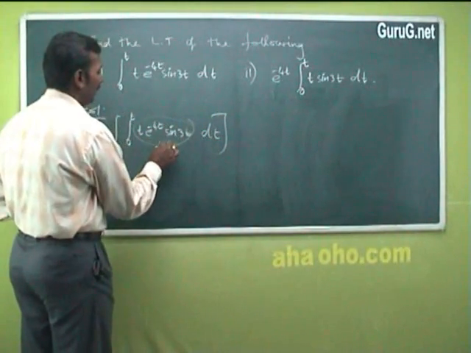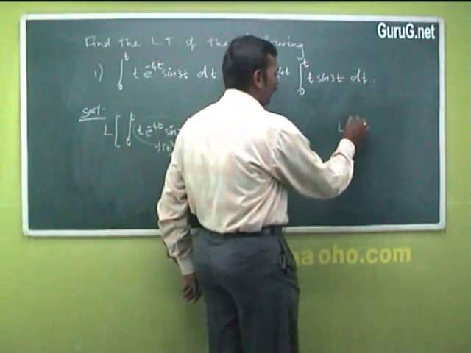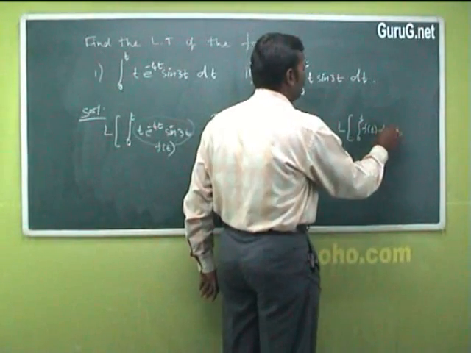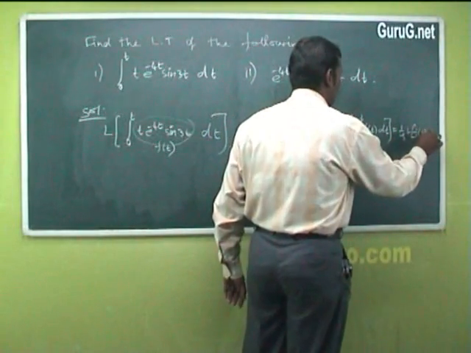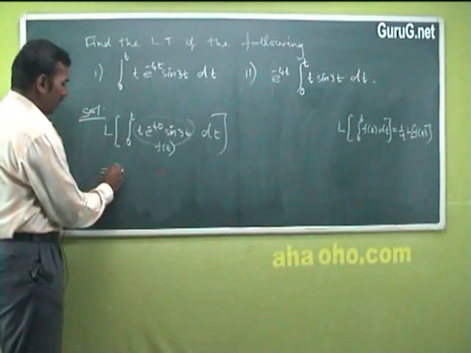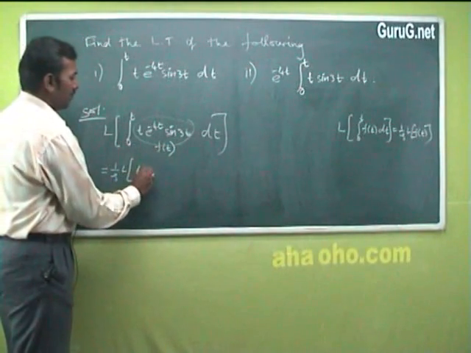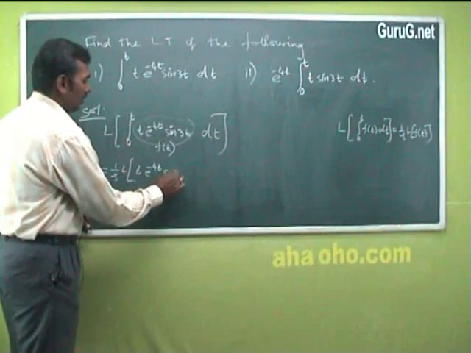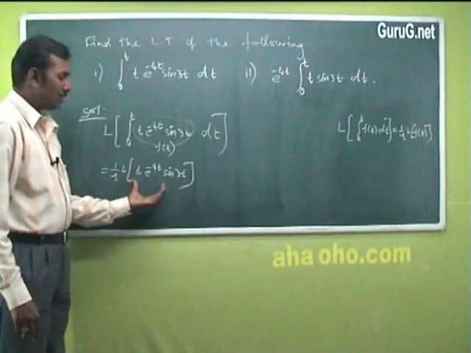It is of the form L of integral 0 to t f of t dt, which is nothing but 1 by s into L of f of t. So this is the result. So 1 by s into L of f of t, which is t e power minus 4t sin 3t, right? Now you're taking a Laplace transformation of this.